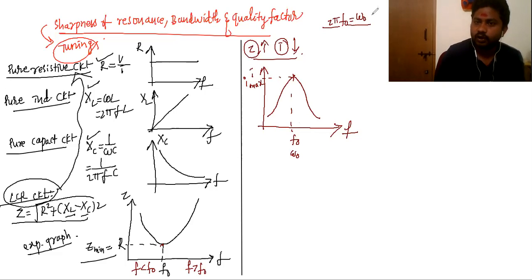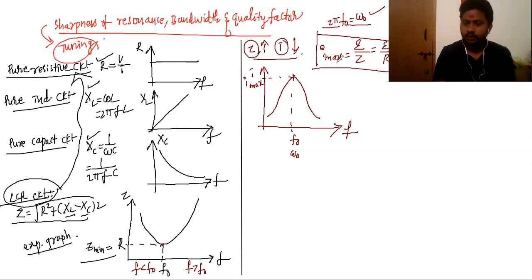That is why I am representing 2 pi F naught as omega naught. On this side, F is less than F naught, and on this side F values are greater than F naught. At this I maximum, I is equal to V by R. When I is maximum, R is equal to Z only. So this is like a pure resistive circuit. Okay, clear? Now look at this. My dear students, there is a point.